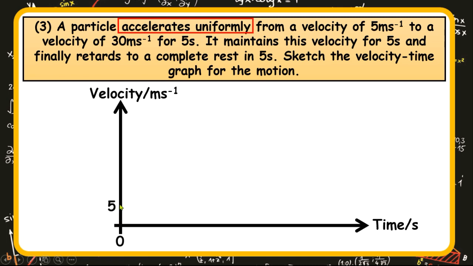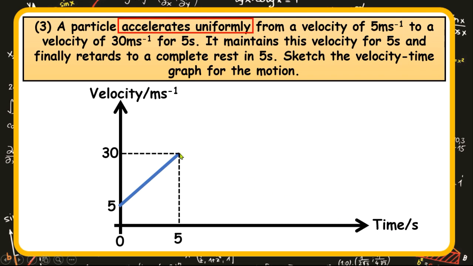Though it's not drawn to scale, it still has to have some sense of reason and direction. So from the 5, we have a uniform acceleration which goes like this, and that truncated at a velocity of 30. So this point corresponds to 30 meters per second and also translates to 5 seconds on the time.